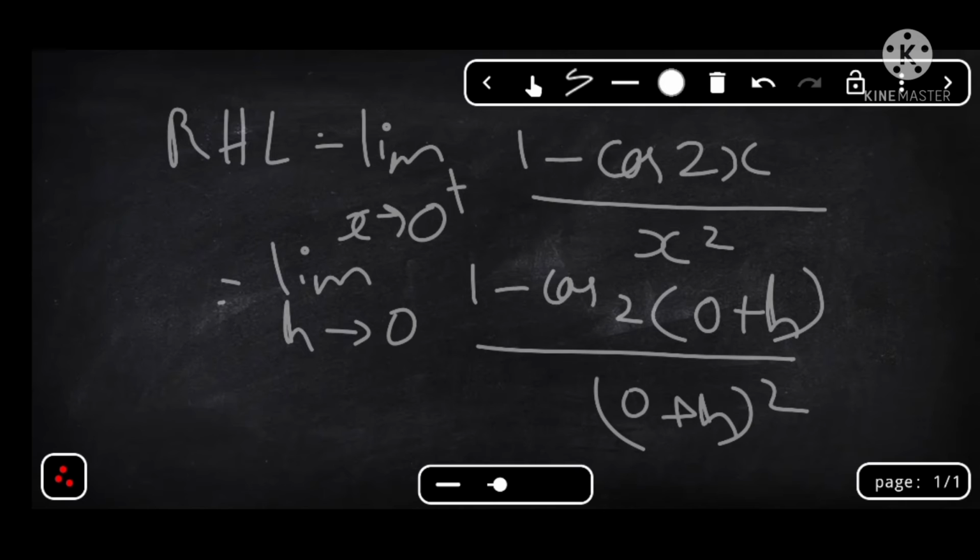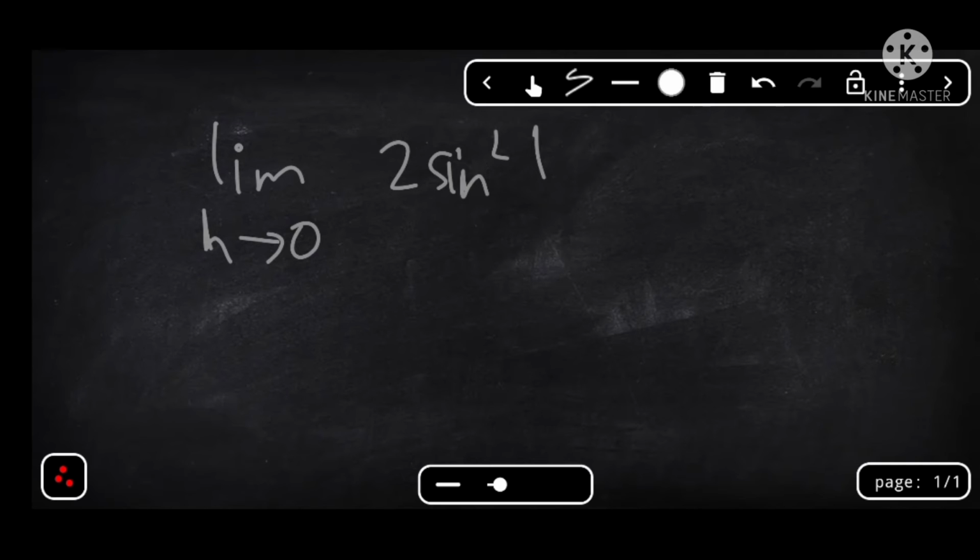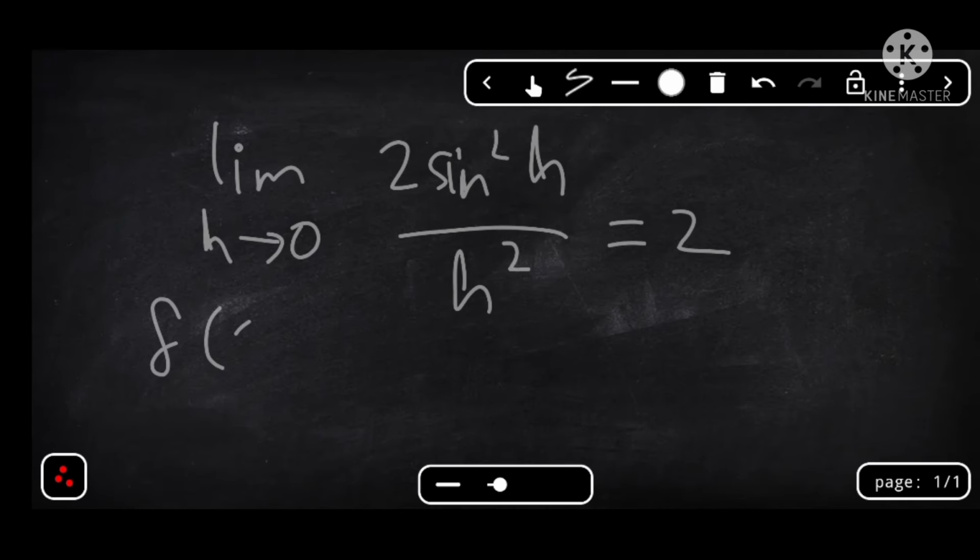We can replace this cos 2h with sine, so this is going to be finally limit h tends to 0, 2 sine square h by h square equal to 2. And f of 0 value is 5, which is already given in the question.